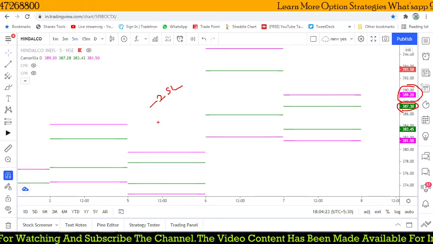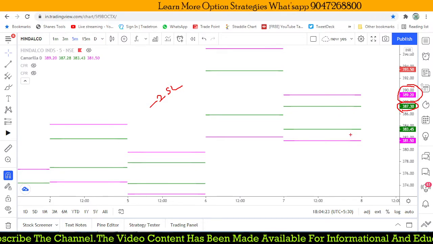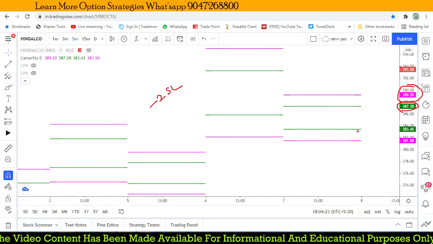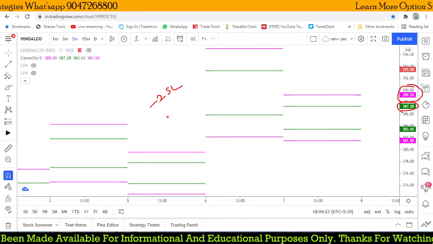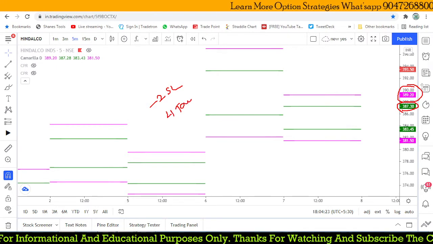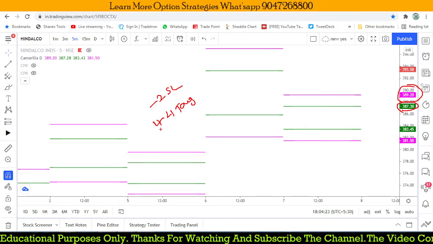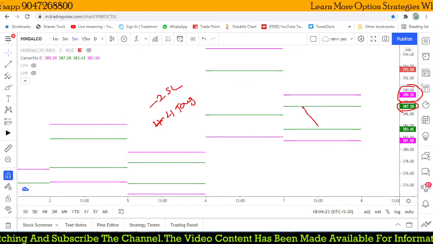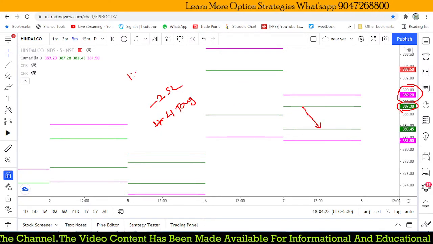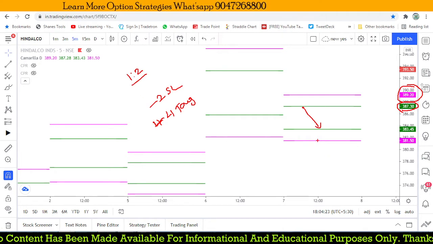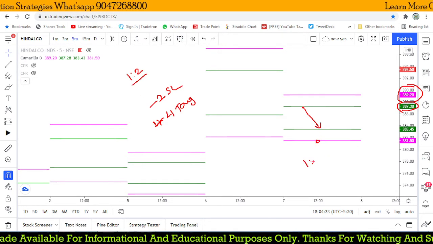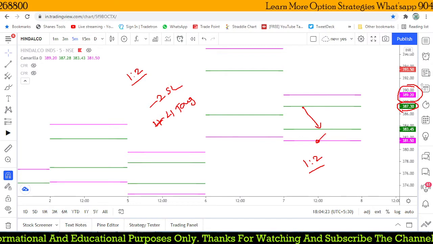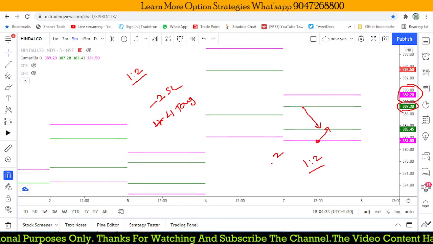If it goes from 387 to 383.45, we get around a 4 rupees target. If the target is achieved, we get plus 4 rupees, so it comes to 1:2 by default. For the sell breakout as well, we maintain a 1:2 risk reward ratio because our risk is around 2 rupees.